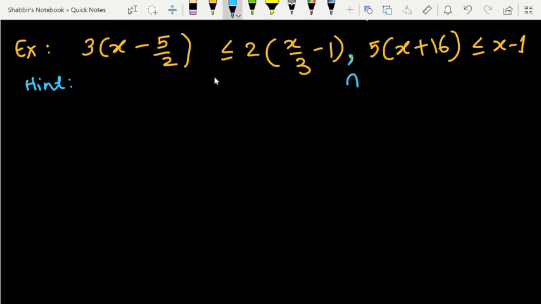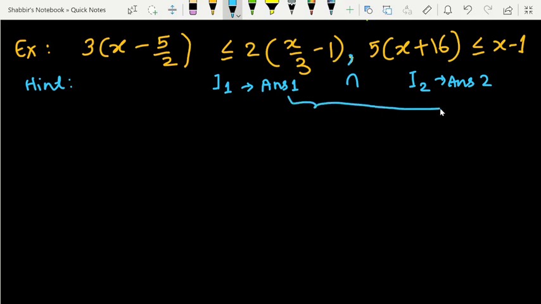Intersection means if this is inequality 1 and this is inequality 2, whatever answer we get after solving inequality 1, let's say answer 1, and answer 2 after solving inequality 2, we can take the intersection of these two to get the final answer. So that way we can solve it.